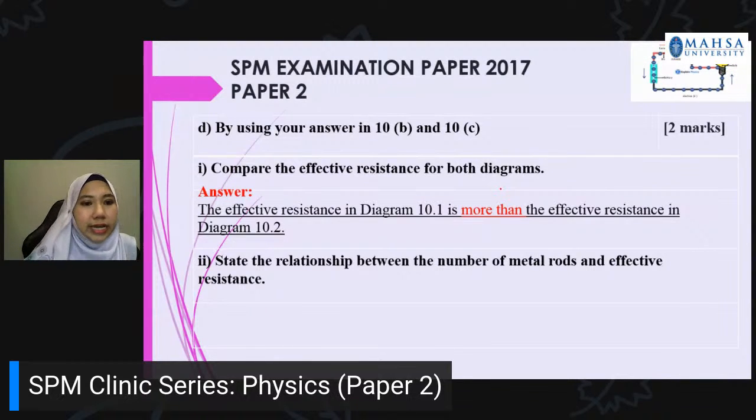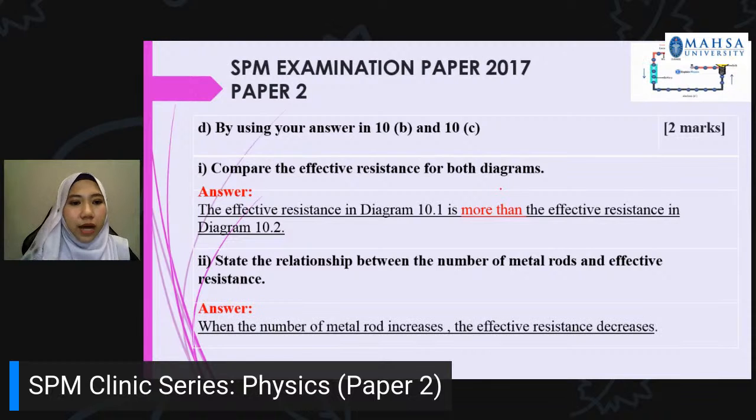Next question, state the relationship between the number of metal rod and effective resistance. So now the answer: when the number of metal rod increases, the effective resistance decreases.